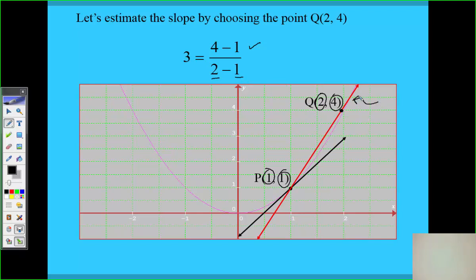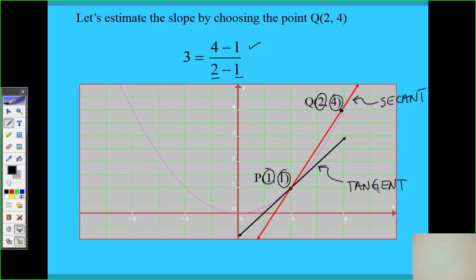So we're calling this the secant line, and this is our tangent line. We are interested in finding the slope of this tangent line.